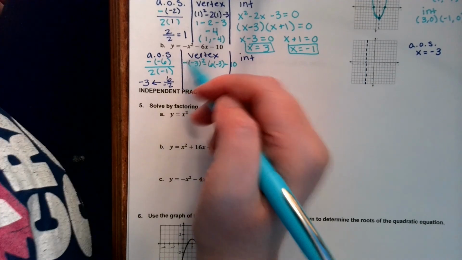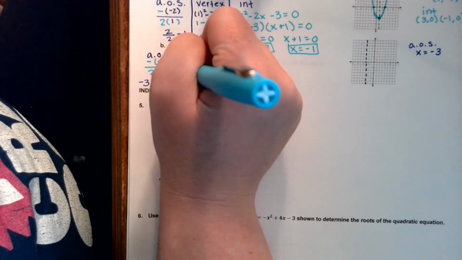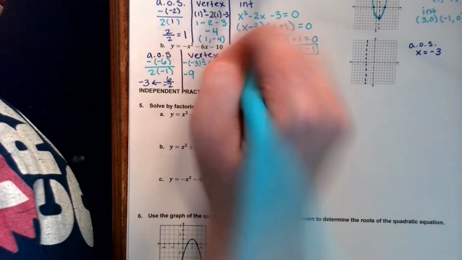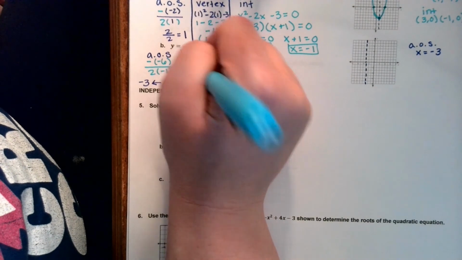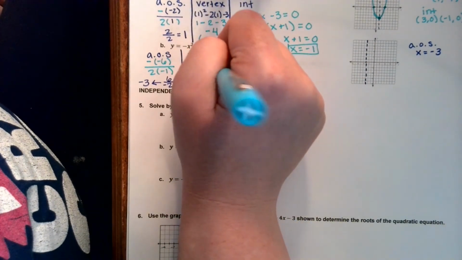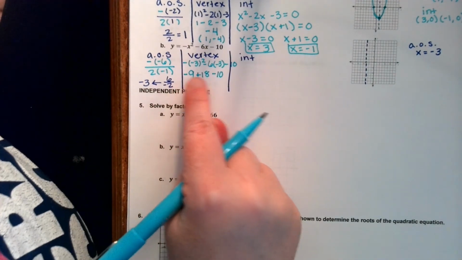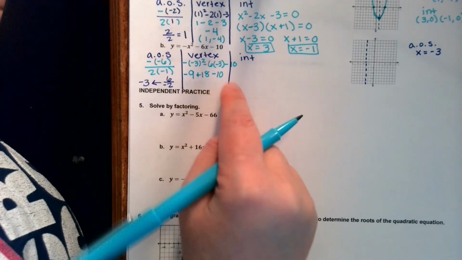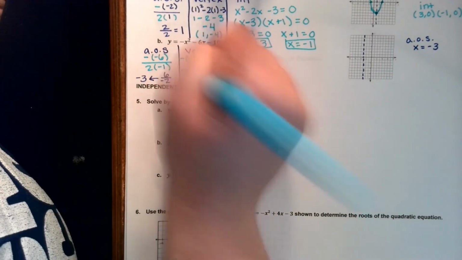Then we have this negative here, which is going to go in front, so we have negative 9. And then negative 6 times negative 3 is going to give me positive 18. And then we have minus 10. Negative 9 plus 18 leaves us with positive 9. Positive 9 minus 10 leaves us with negative 1.